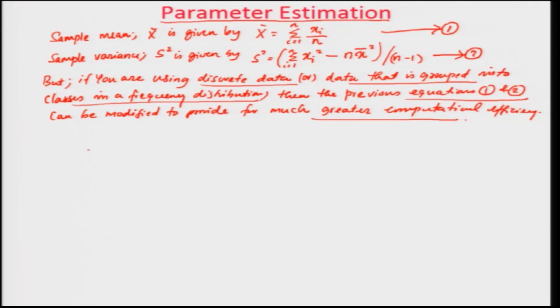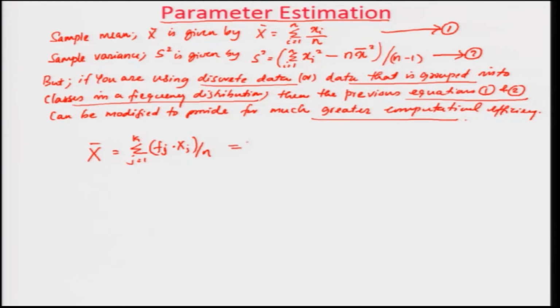So, what are those? x bar is given by sigma j equals 1 to k of f j times x j, divided by n. What you are doing is multiplying the individual frequencies by the individual x j values and dividing by n, and you get x bar.